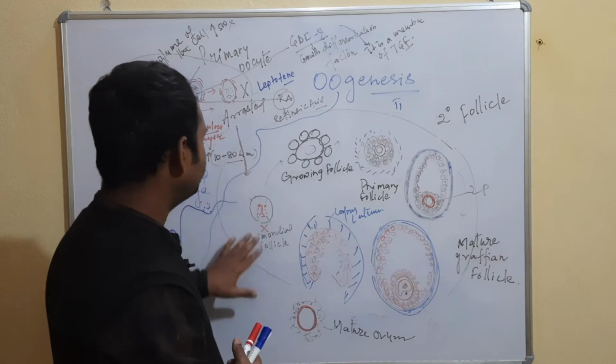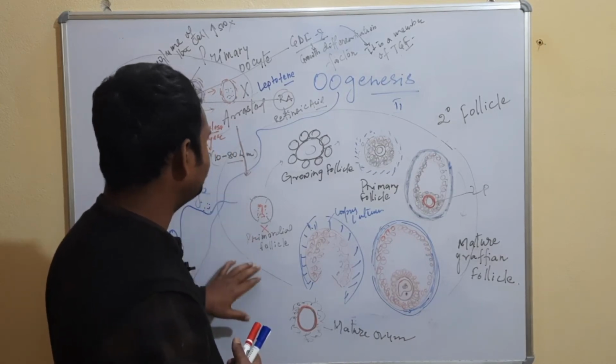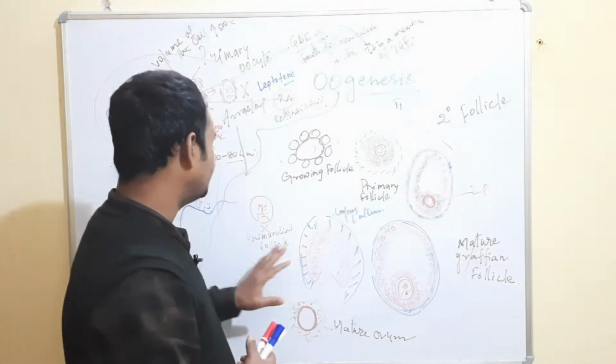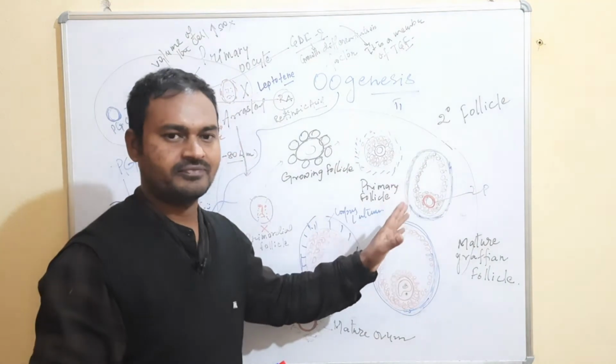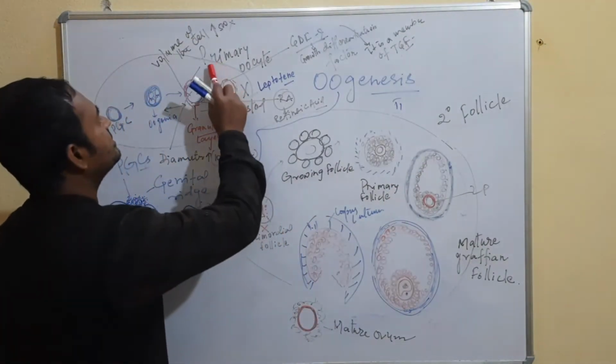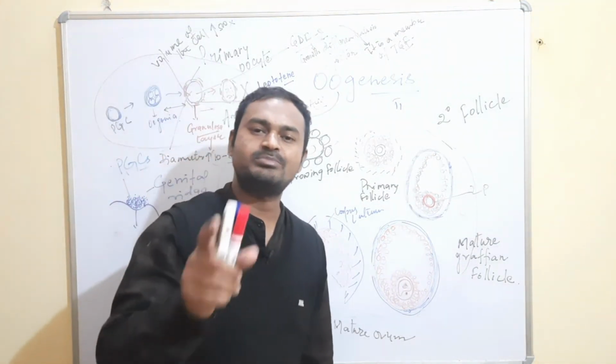Okay. And after maturity is attained, the further development of the primordial follicle starts here. But remember, the cell which is in the stage of the primary oocyte will remain in its primary state.